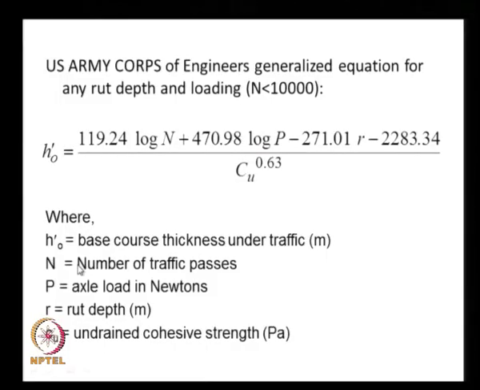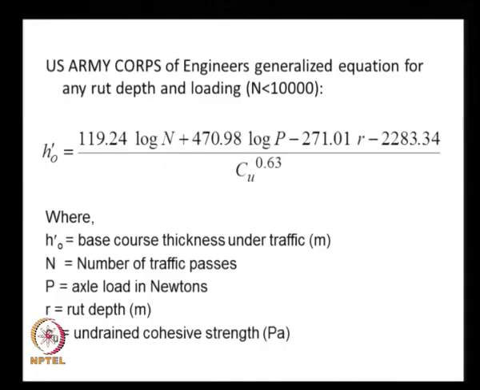Here h0' is the base course thickness under a given number of traffic repetitions, in meters, and capital N is the number of traffic passes, P is the axle load in newtons, R is the rut depth in meters, and Cu is the undrained cohesive strength in pascals.